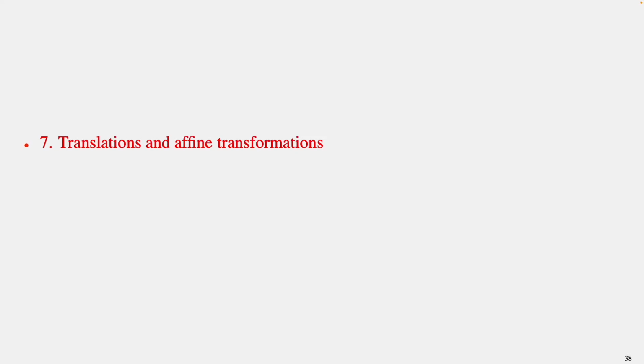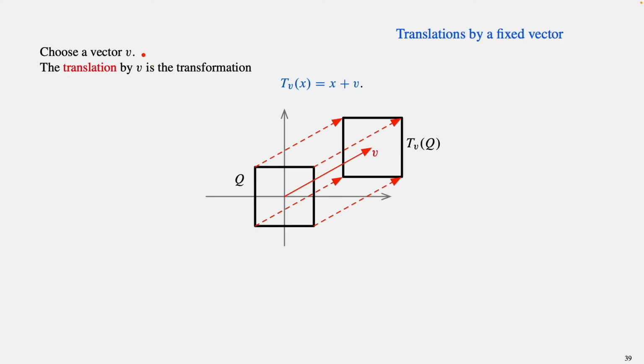Now I want to look at translations, and as these are nonlinear maps, I will look at a bit more general type of transformations, which are affine transformations. So we choose any vector v and we fix this vector, and then we say a translation by this vector v is the transformation t index v, which if I apply it to a vector x is simply taking the vector v and adding it to the input vector x.